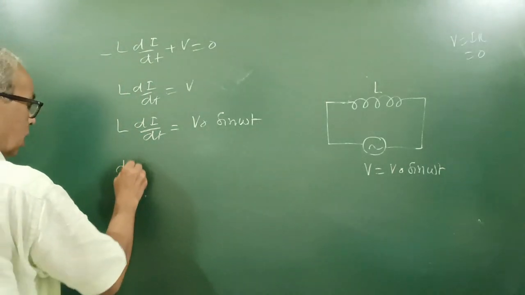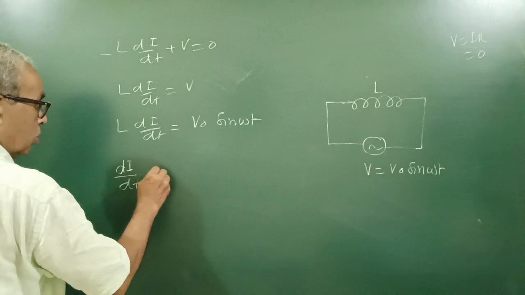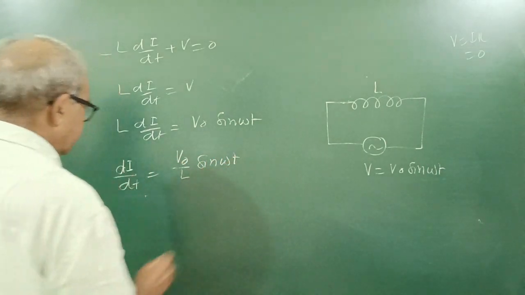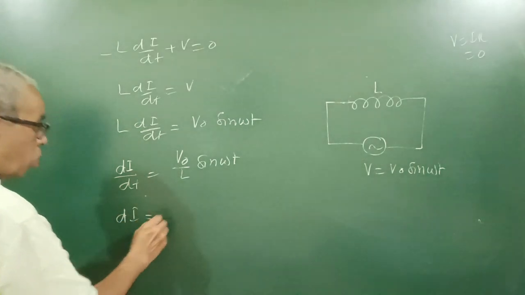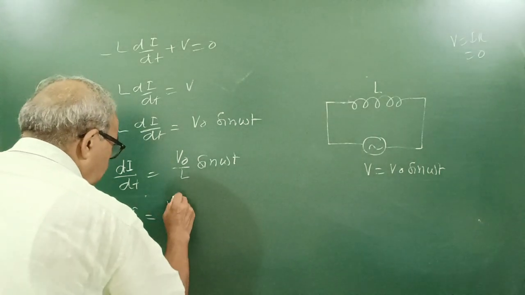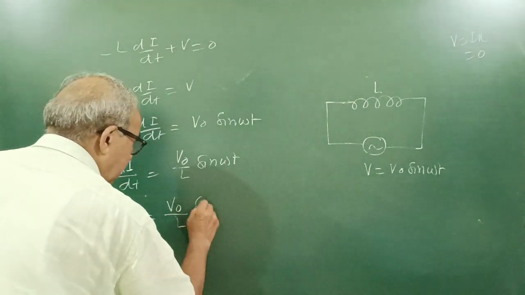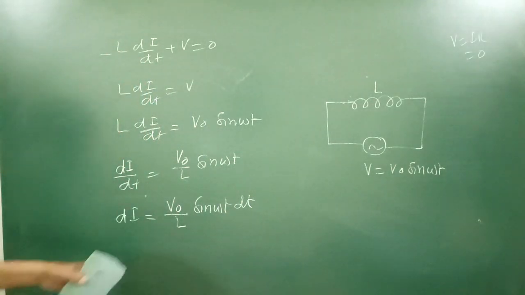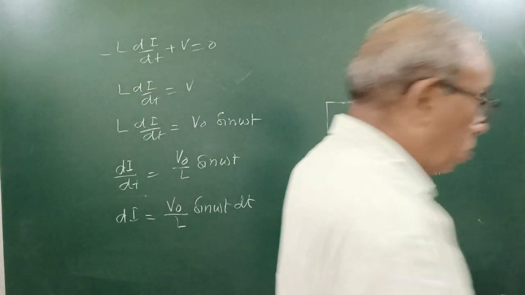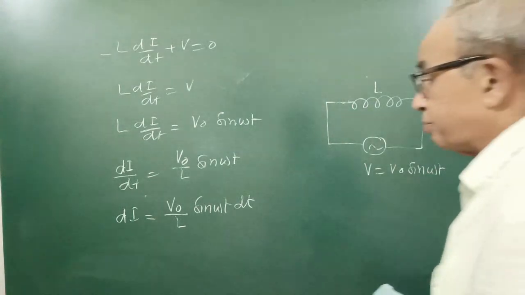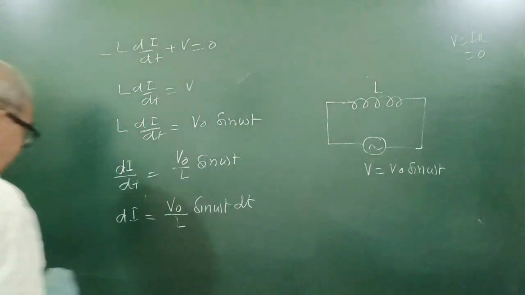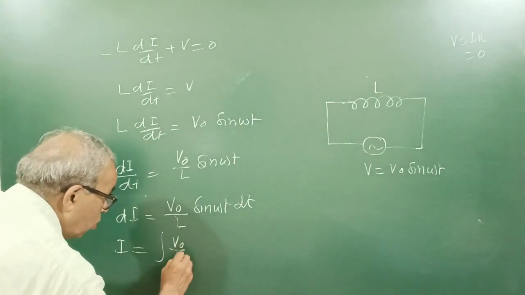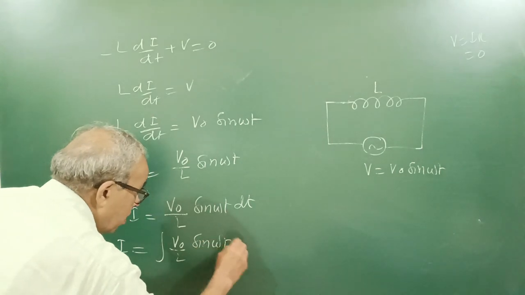Or it is di over dt equal to V0 over L sin omega t, or di is equal to V0 over L sin omega t dt. What is L? Coefficient of induction, self-induction. Now to be integrated, so I will integrate V0 over L sin omega t dt.